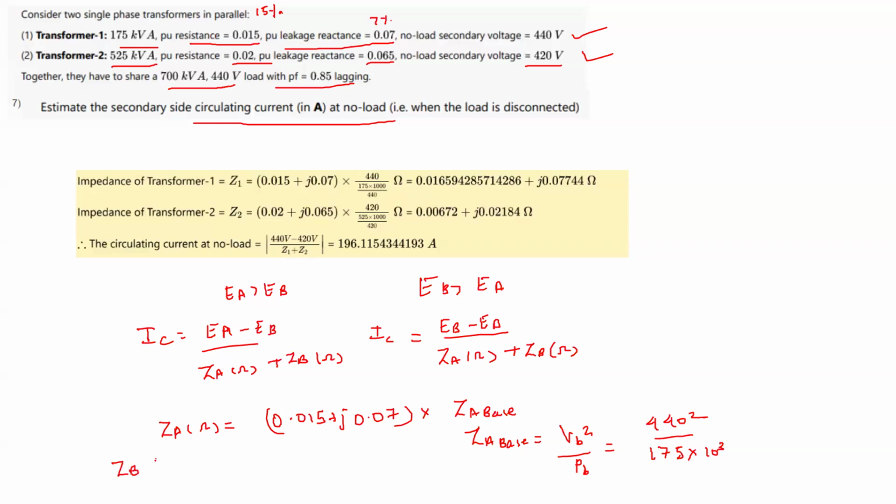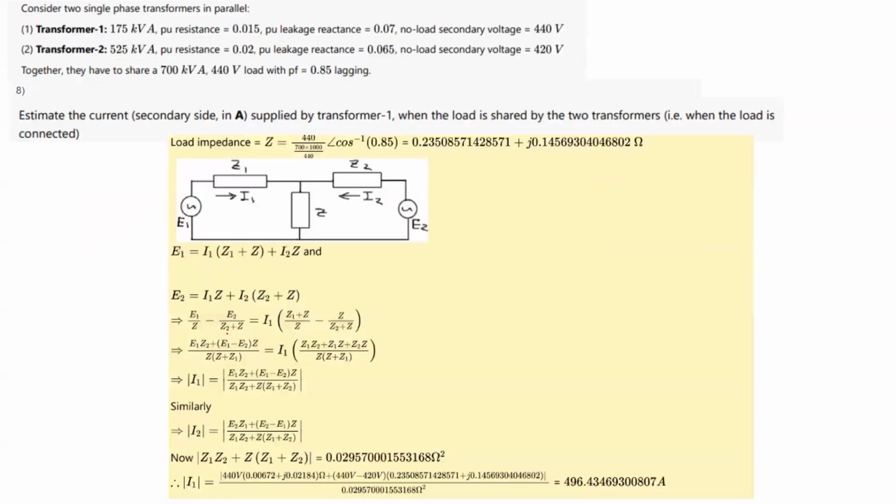Then ZB ohm is 0.02 plus j0.065 into ZB base, and you can calculate the ZB base in a similar way. This is how you can calculate the circulating current. Like how we have done in the previous case, we can solve for the circulating current here also. Now let us go to the next question.